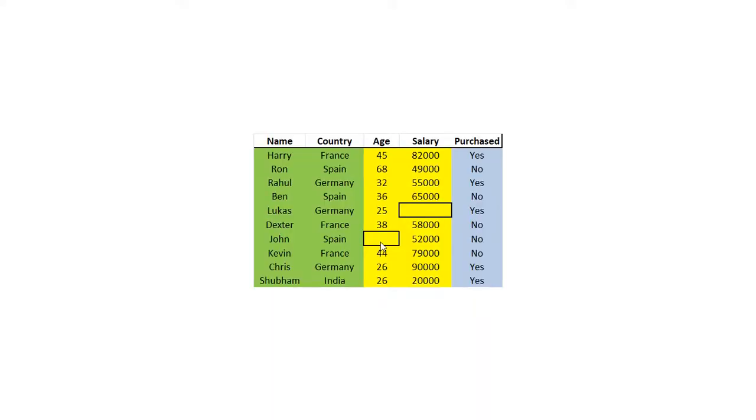If you have a look, we have a couple of fields in the age and salary columns which are empty, which means this data set is incomplete. Therefore, when we try to feed it to a machine learning algorithm, it might lead to incorrect or erroneous outputs because this data set lacks consistency.